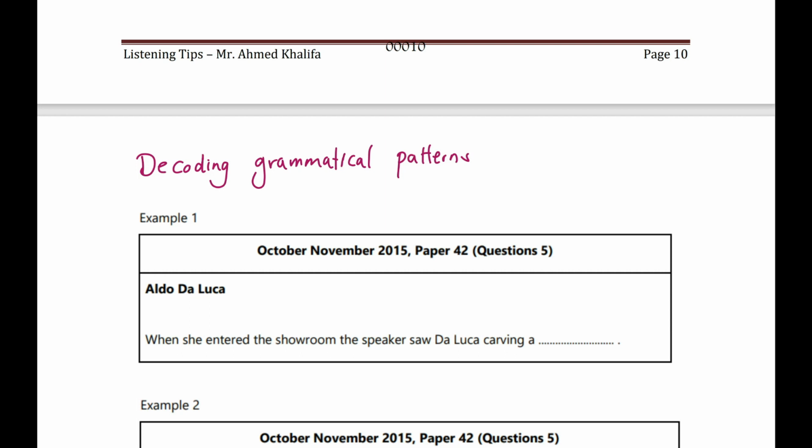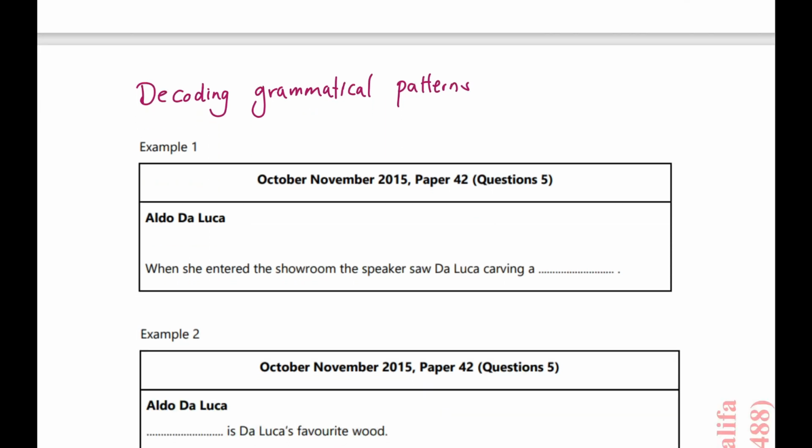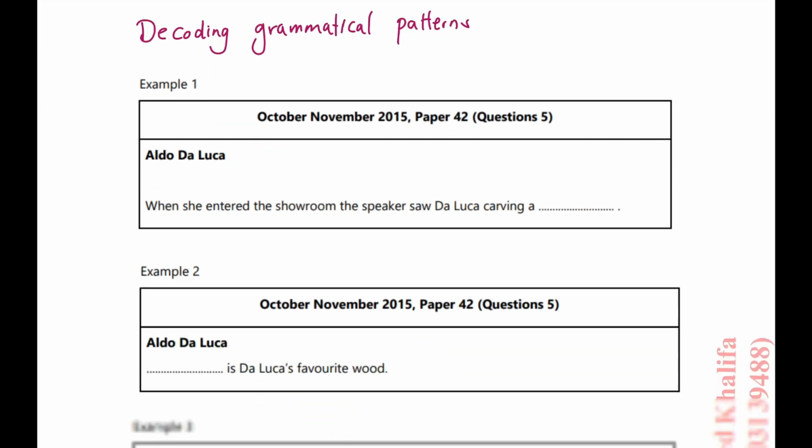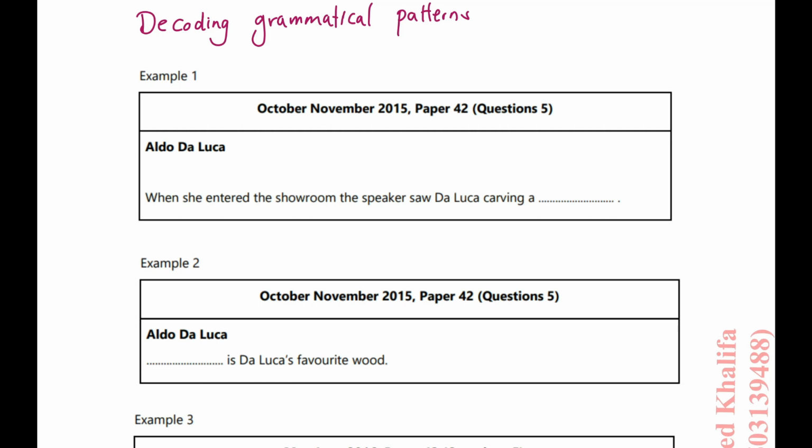Maybe it's difficult. Let us go through this question. That was November 2015, paper 42, question 5. Aldo DeLuca. When she entered the showroom, the speaker saw DeLuca carving a what? Carving a blank.